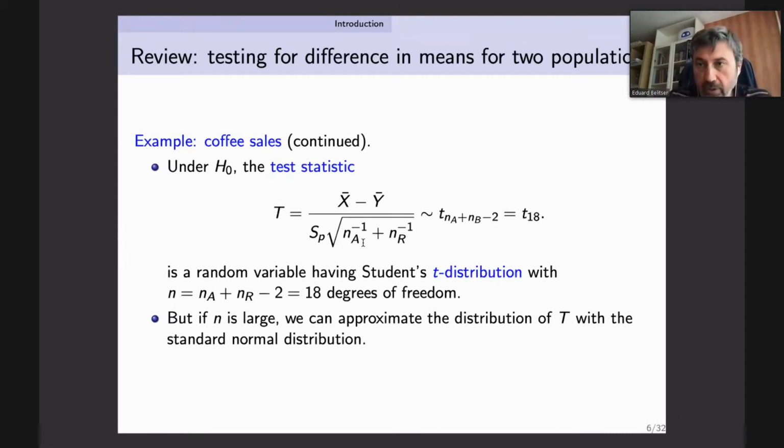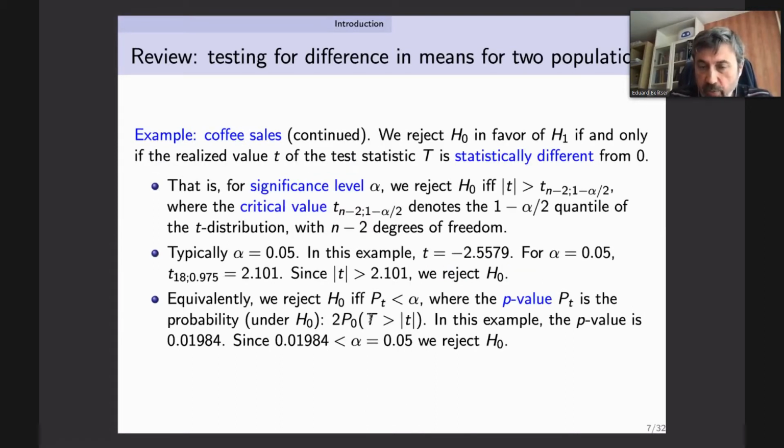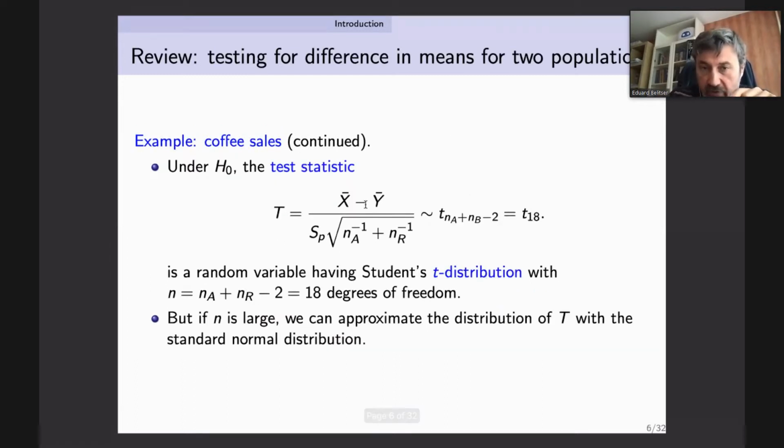So you shouldn't confuse this big T here with this small t here. This big T is a random variable which has that distribution, and this small t is exactly the value which this statistic takes, okay? You compute that and it's a realized value, so it becomes a number.